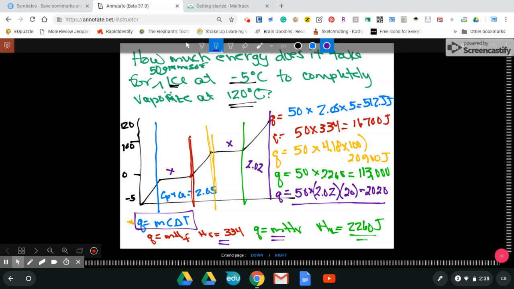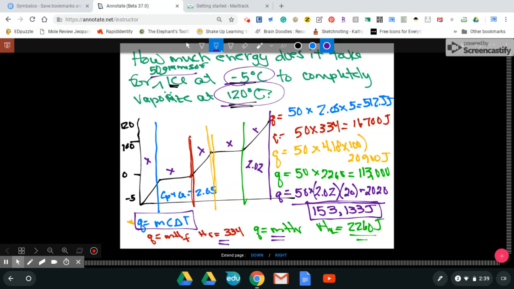So you add up the 5 numbers, and you should get 153,133 joules. That is a lot of energy to go from 50 grams of ice at -5 degrees Celsius up to 120 degrees Celsius. But notice that you had to do 5 different equations in order to do that.